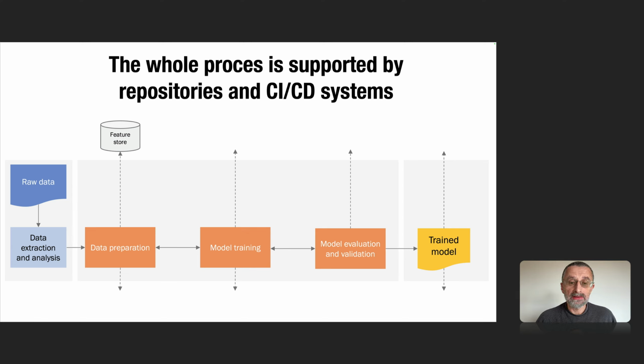So now let's continue with the model training and model evaluation and validation stage. In that case, we have a family of tools used for experiment tracking. And this is during the experimentation stage, but may also be used later on the production stage.